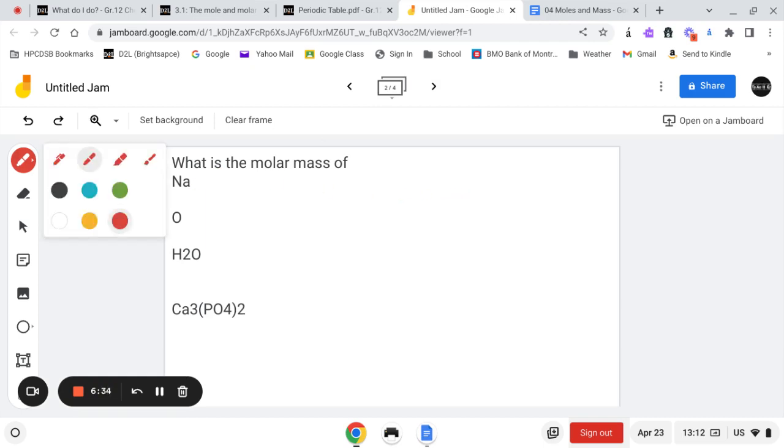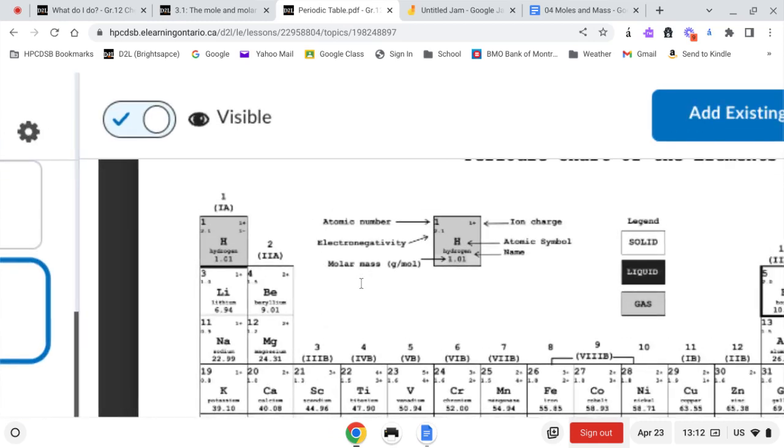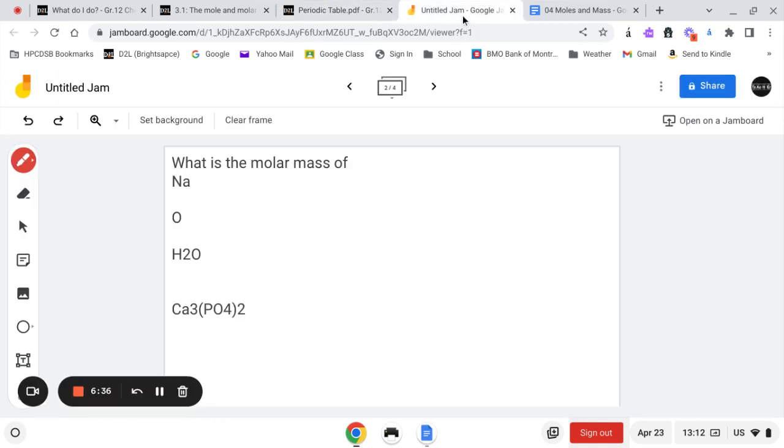Okay, so what we're going to do is simply go to the periodic table, and then you find where sodium is. There it is right there. Okay, and you look up the atomic mass of it. So it's 22.99. And this is what I write, that it is 22.99 grams per mole. Okay, that's what it weighs if I had 1 mole of it.